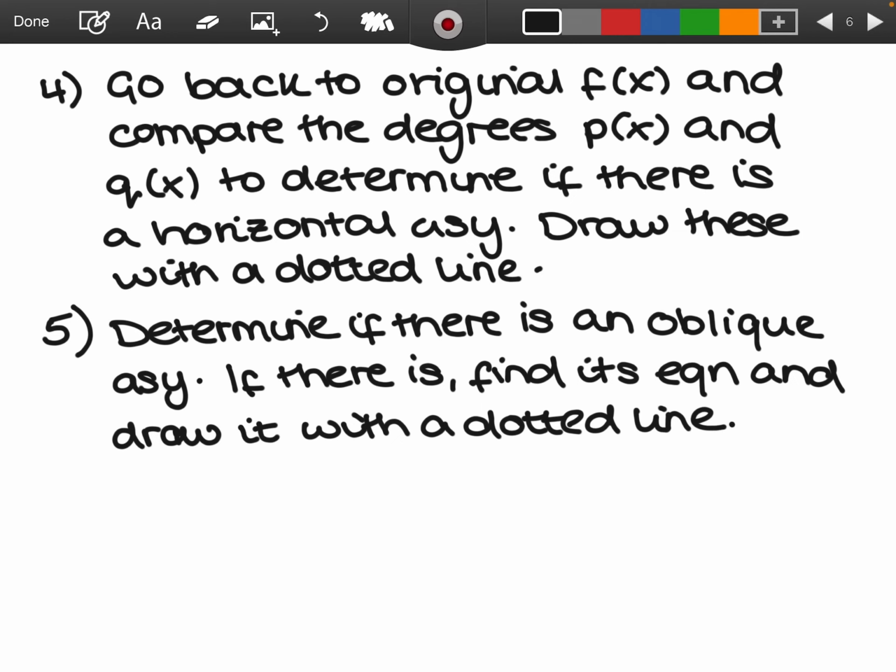Okay, so find the equation of the oblique asymptote and dot that in if there is one.